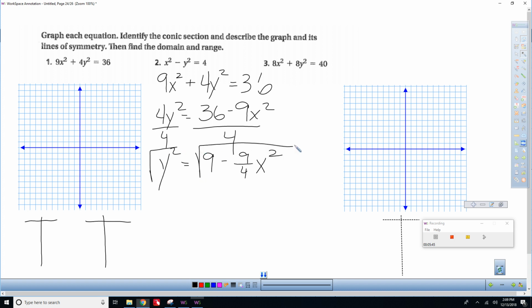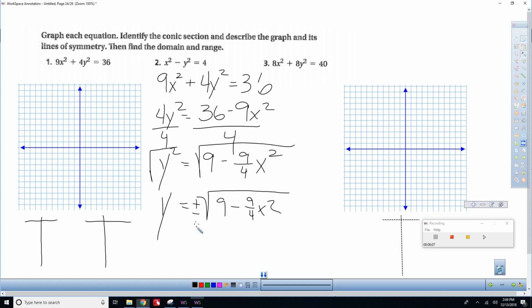Square root both sides, and you get y is, okay, let's see, I guess that is not 3 minus 3/2 x squared. It's just plus or minus the square root of 9 minus 9/4 x squared. So you'd have to put two equations into your graphing calculator to figure out how to graph this in your graphing calculator.